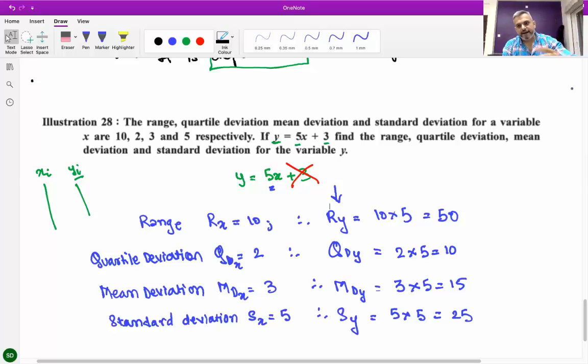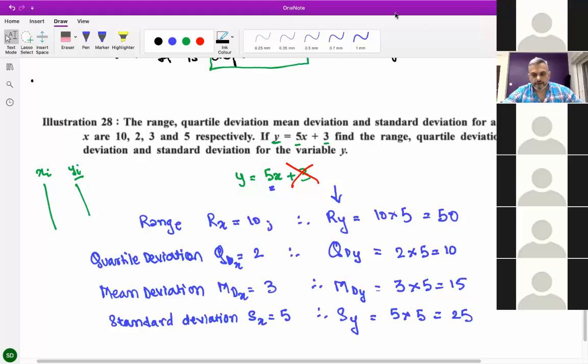So if anything is added or subtracted, just ignore it to find the new range, new QD, new mean deviation, new standard deviation, new variance. So for all measures of dispersion, you have to take into account only change of scale, but ignore change of origin. Understood this now?